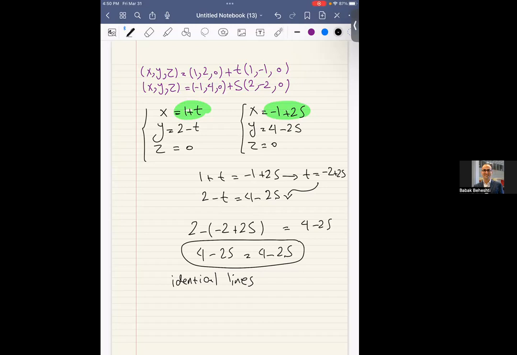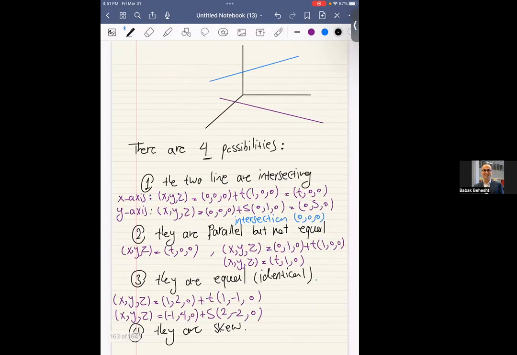If there is only one solution, that means they intersect each other at one point of intersection. If there are infinitely many solutions, they are identical. And if there are no solutions, there are 2 possibilities: either they are parallel or they are skew. You can tell whether they're skew or parallel based on their direction vectors. If the direction vectors are parallel, then the lines are parallel. Otherwise, they're skew.